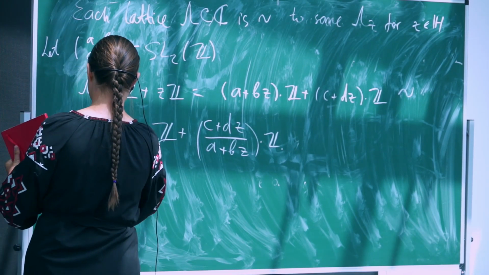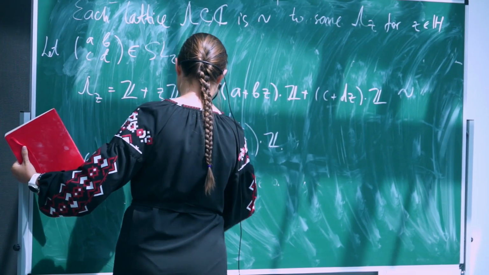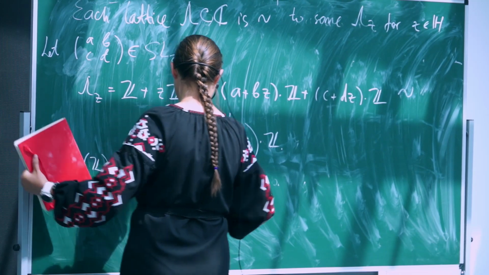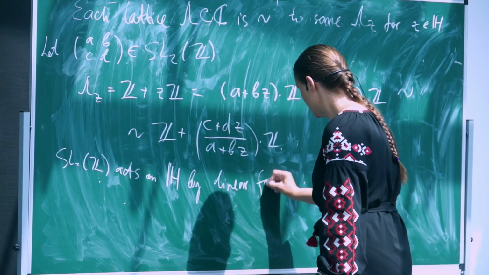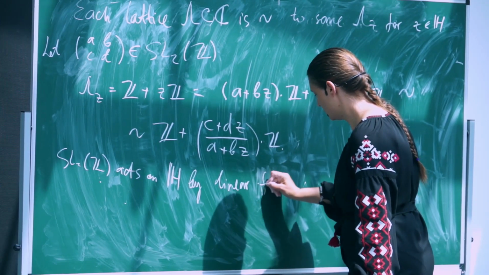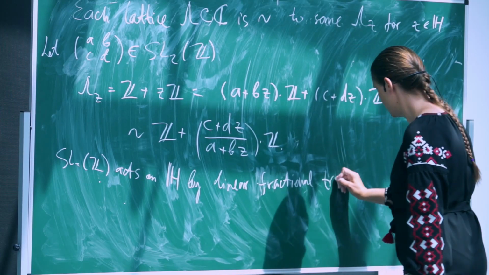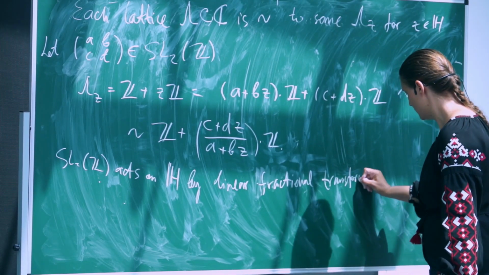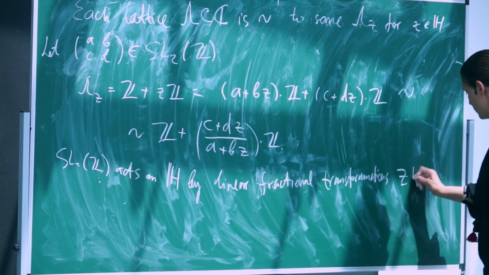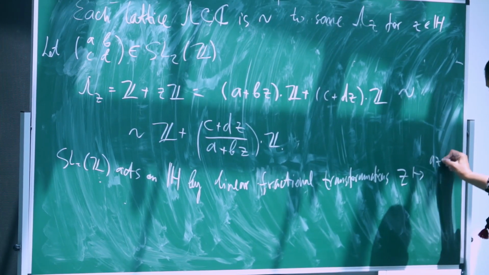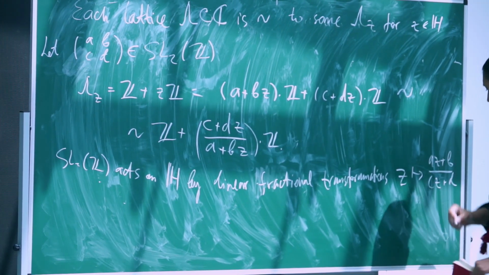So now we see that SL_2(Z) acts on the upper half plane H by linear fractional transformations, where z goes to (Az plus B) divided by (Cz plus D).